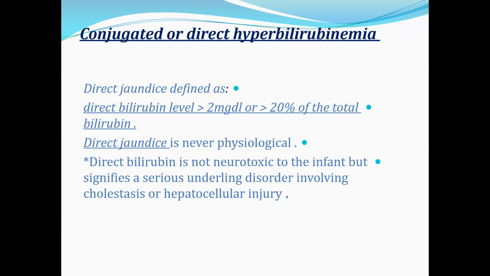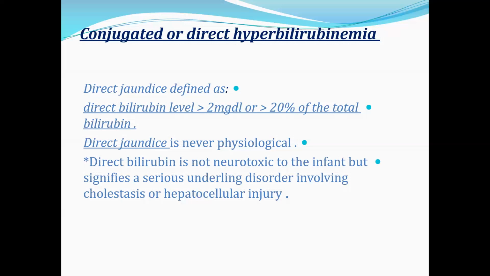So, if I have a total bilirubin level of 10 milligrams per deciliter, and direct is up to 4 milligrams per deciliter, we consider this as direct because 4 milligrams from 10 milligrams is more than 20%. So keep in mind this possibility.